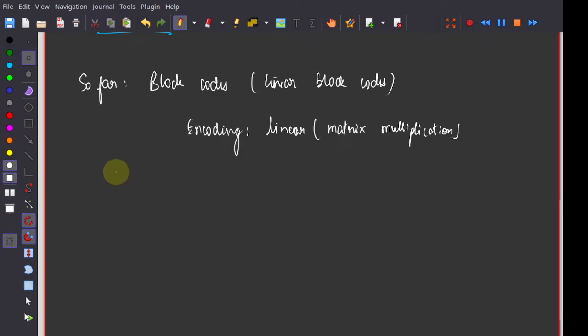In this case, again, encoding is a linear operation, but you view this as, let's say, a filter. Now, the input or the message is a sequence of bits, or a sequence of symbols. You can view this as a discrete time signal. So the message, you treat this as a signal.